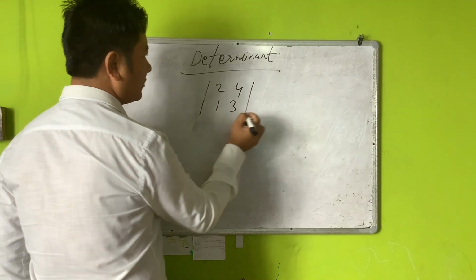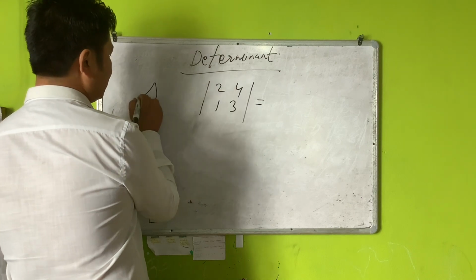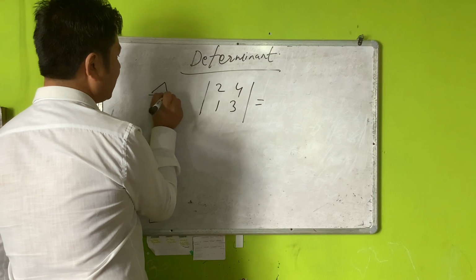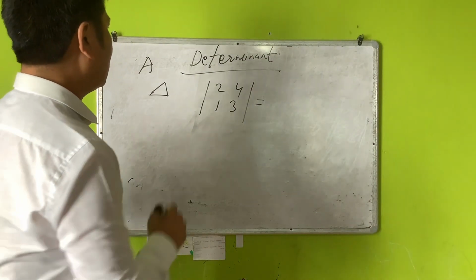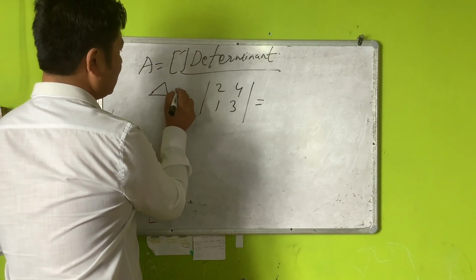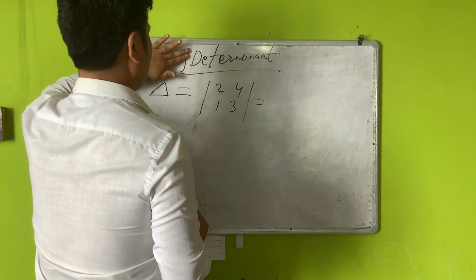So how are you going to solve? The symbol of determinant is like this, and this delta symbolizes the determinant, like A symbolizes the matrix.